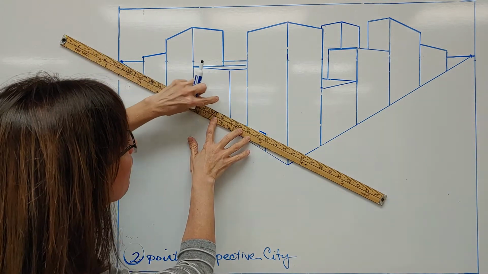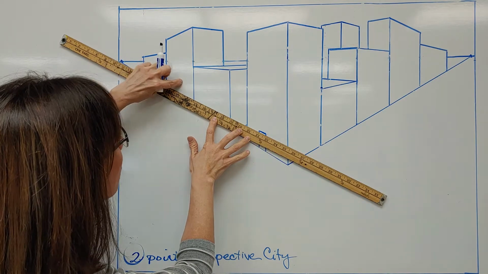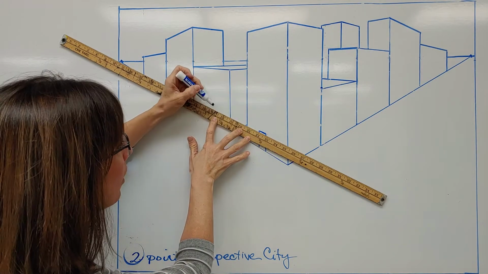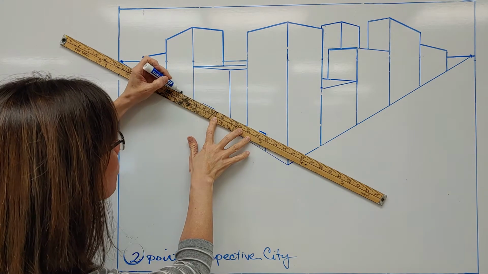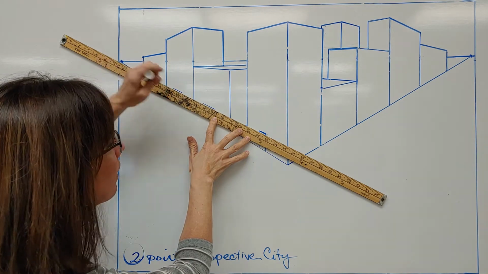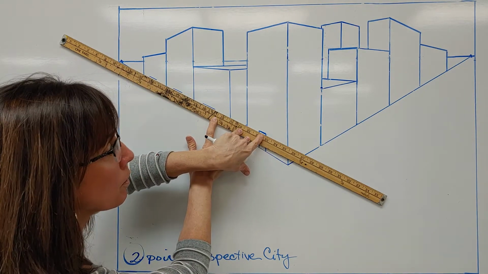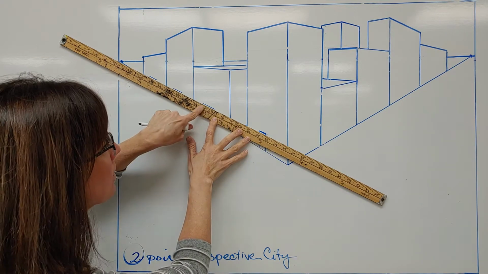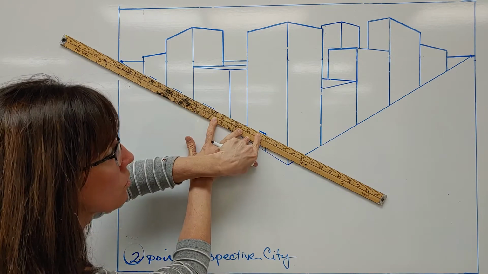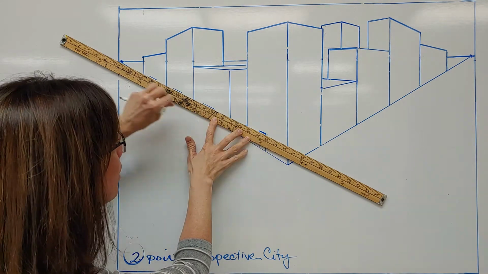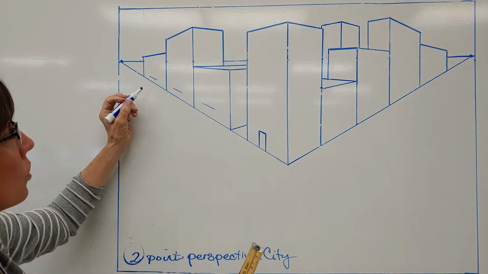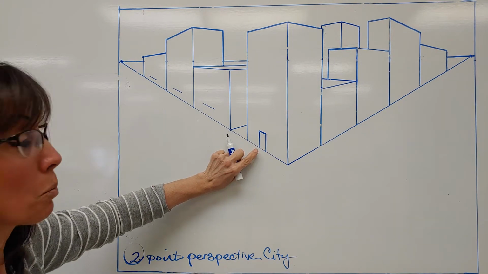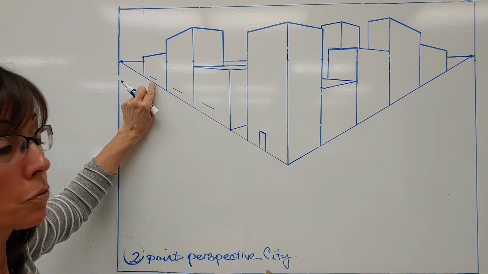So now on the left side of all these buildings back here, if I want to make doors that are the same height, I'm just going to draw a line that lines up with the first door as it travels to the vanishing point. So all these lines that I've made are also lined up with the first line I've drawn. So way back here, that's the height of a door that's the same size up close, but just further back.